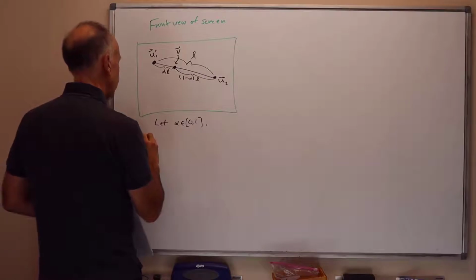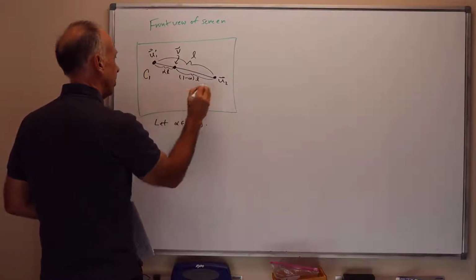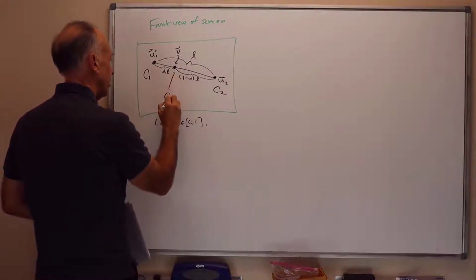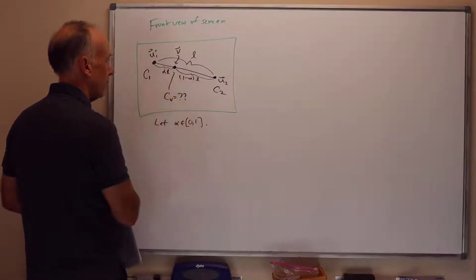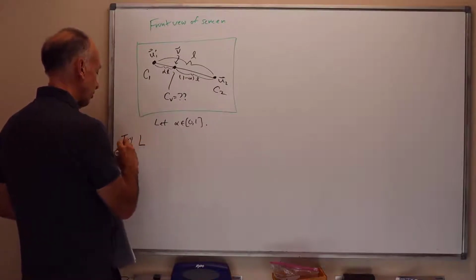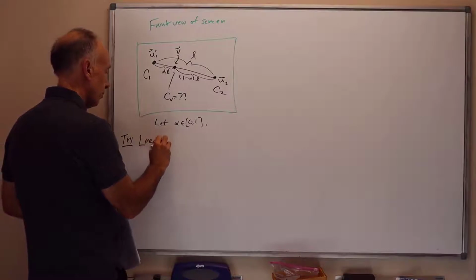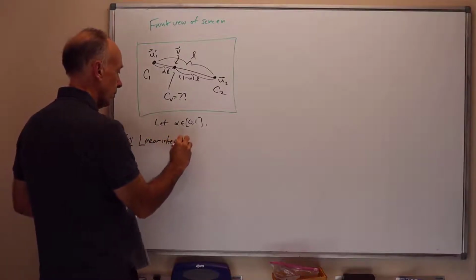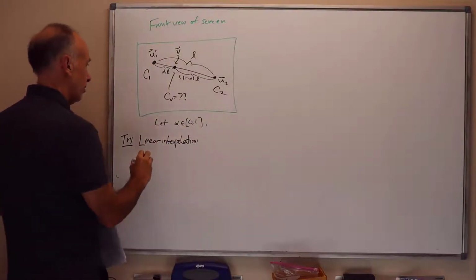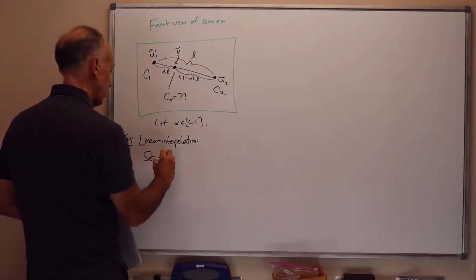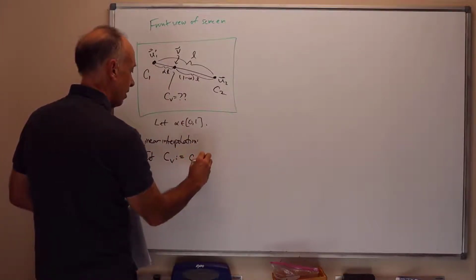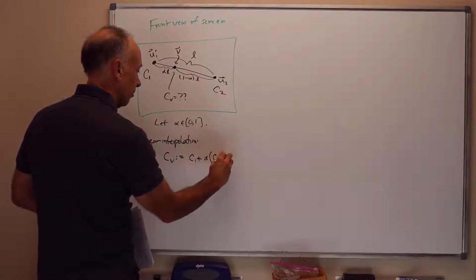So suppose that there's color 1 here and color 2 here. So the question would be, color V is what? Right. Well, certainly you could try linear interpolation. And what linear interpolation would do, this is sort of linear averaging, is set CV to be, we'd think of starting at the value C1 and then going alpha of the way towards the value C2.